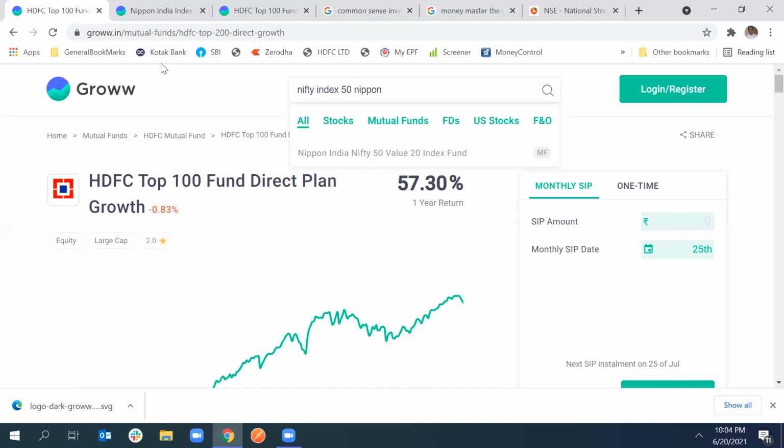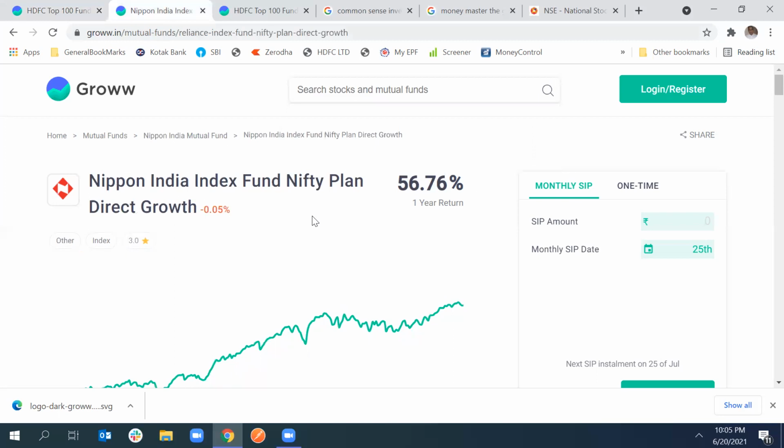When we talk about an index mutual fund, Nifty 50 or 100 companies, the underlying securities have to perform finally, right? The underlying stocks have to be individually performing. Then only will these mutual funds perform, as they are just a reflection of that list of 50 companies performing for you, right? So yeah, this is for today.